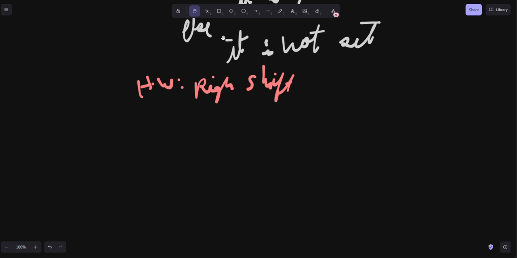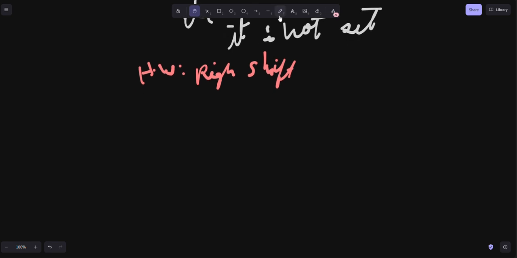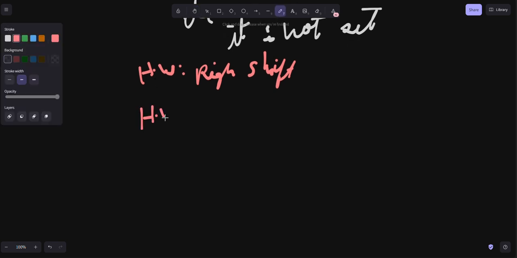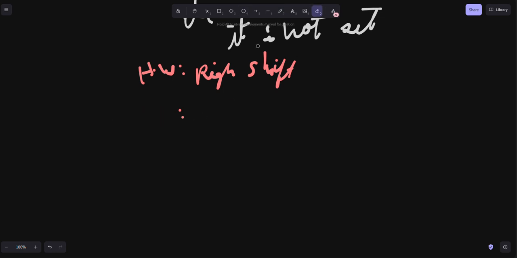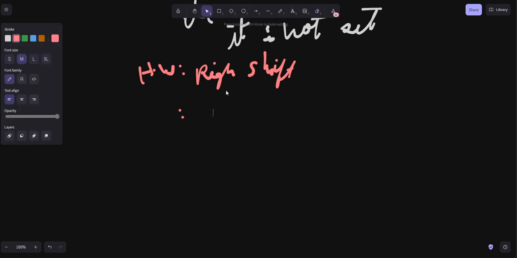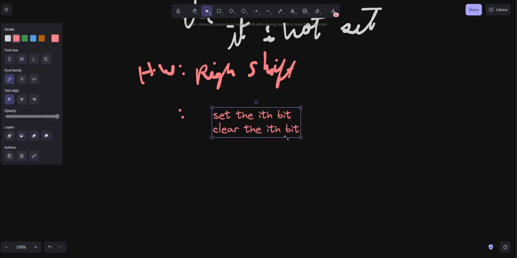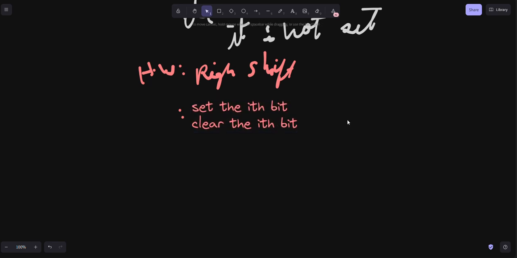For more homework, you can also do two more questions. Set the ith bit, where you need to make that bit 1, and clear the ith bit. These two questions you also need to do, and I will give you a preface of that.